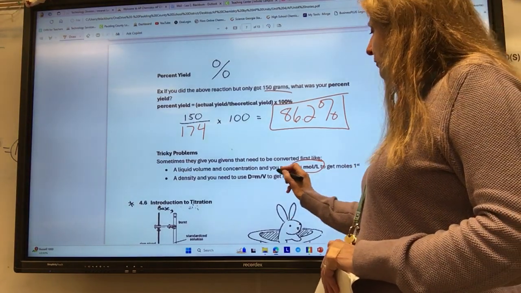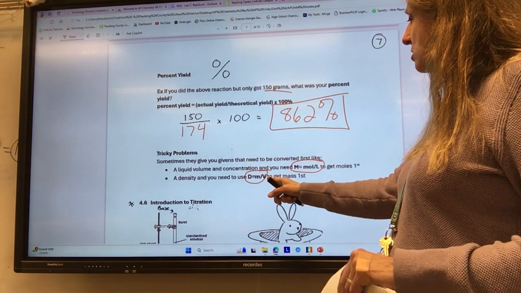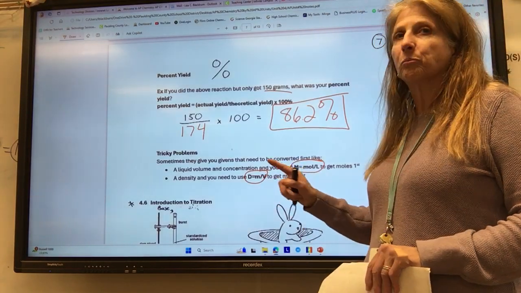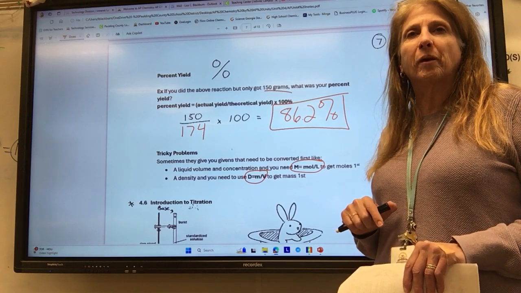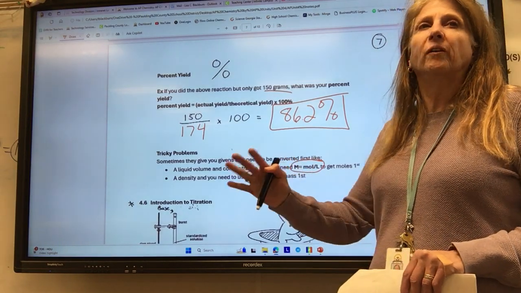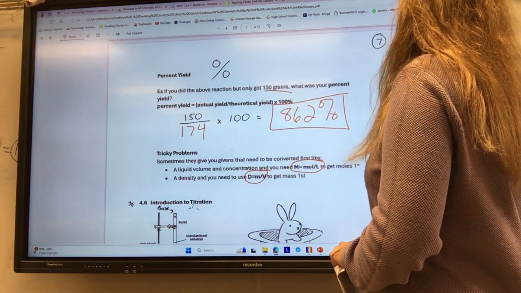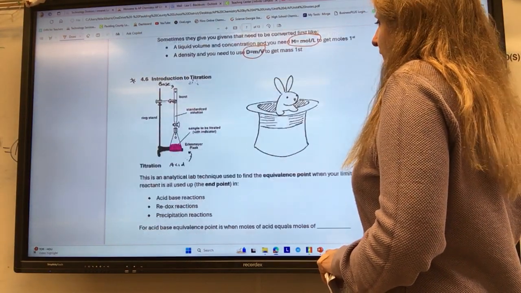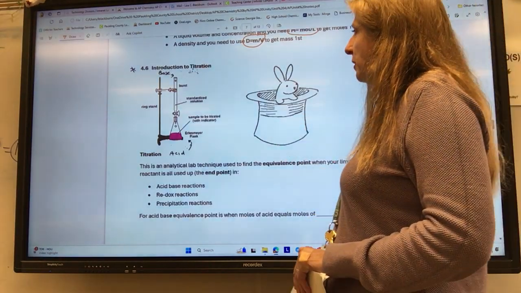And sometimes they'll give you a density and a volume, and you have to solve for mass before you get started. Do you see how they can put a little trick in there? They can make you do a little something before you even get started. That is a beautiful AP multi-part question ready to go. So I put a little rabbit because it's tricky. He's being the tricky rabbit.